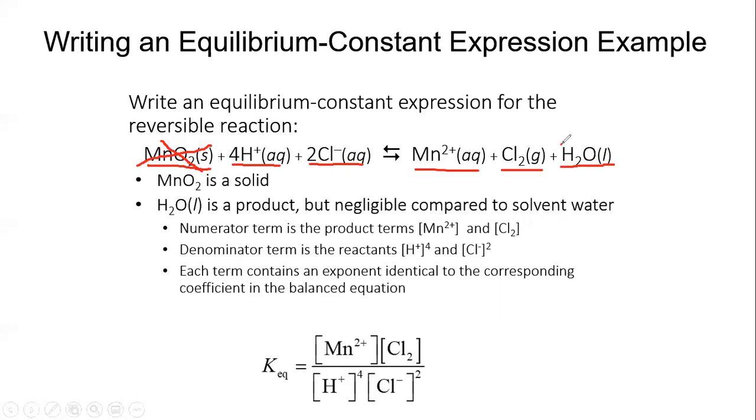Since H2O is a liquid, it is not included in the equilibrium expression. And so that tells us that those two species, the manganese 4 oxide and water, do not affect equilibrium. So that's why they're not included in the equilibrium expression. So again, this is a heterogeneous equilibrium where you have different phases of reactants and products. Just remember that solids and liquids are not included in the equilibrium expression. It's still done the same way with products over reactants.